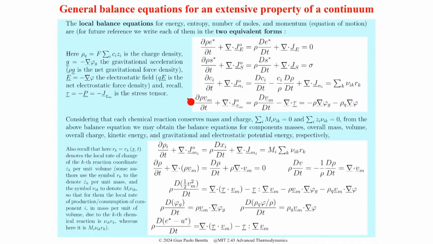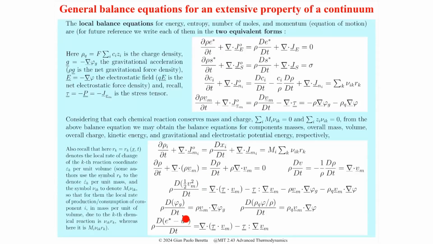But, for example, from the momentum balance equation, if you dot it into V, the velocity, you can obtain a balance for the kinetic energy, and then you can also get a balance for the gravitational potential energy and a balance for the electrostatic potential energy. So you can subtract the internal energy from the overall energy of your fluid.